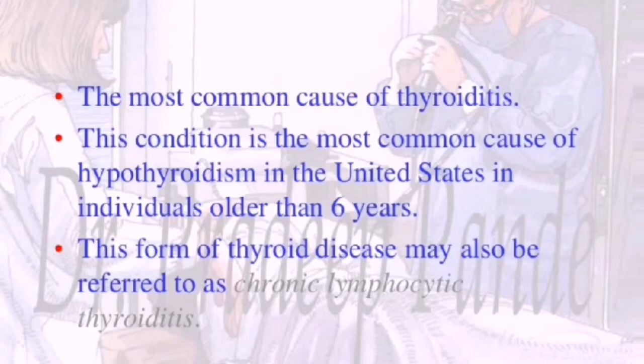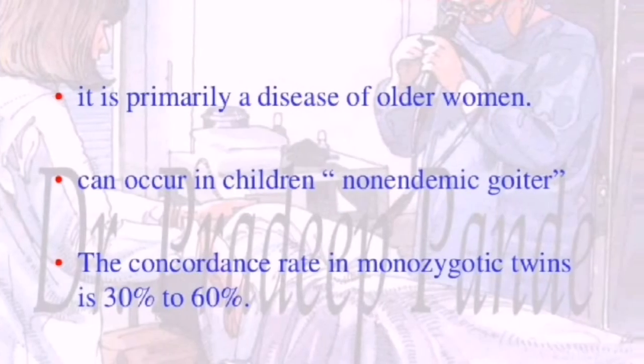This condition is the most common cause of hypothyroidism, the most common cause in the United States in individuals older than 60 years. This form of thyroid disease may also be referred to as chronic lymphocytic thyroiditis. Its incidence is higher in older women, but it can occur in children, with non-endemic goiter. The concordance rate in monozygotic twins is about 30 to 60%.